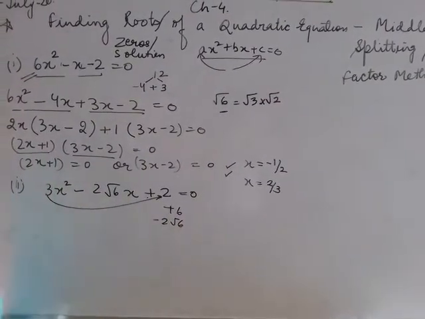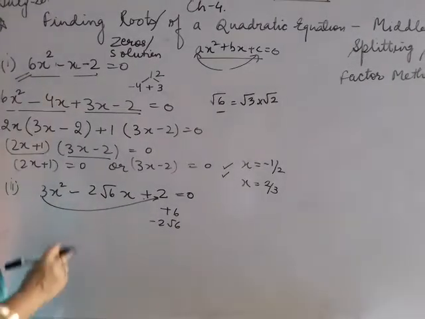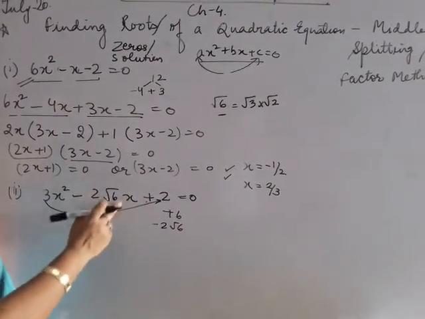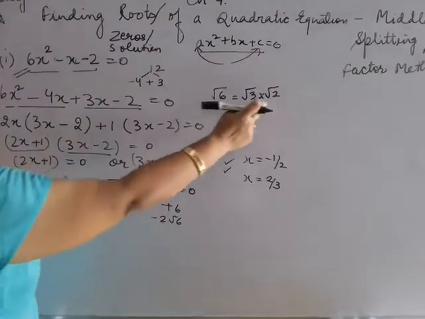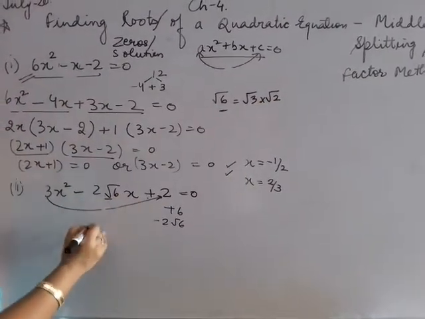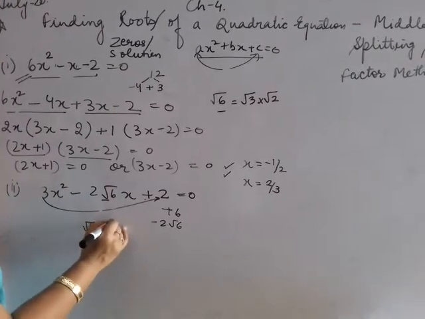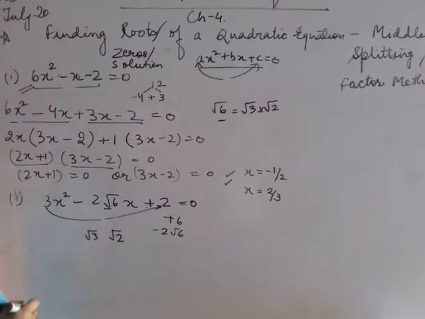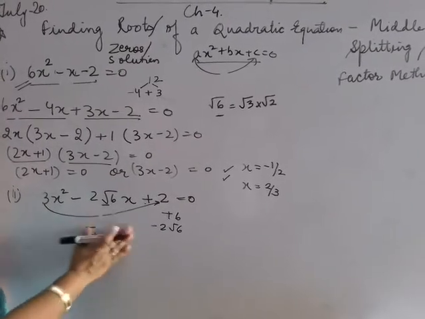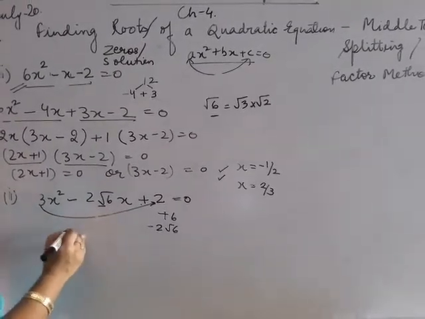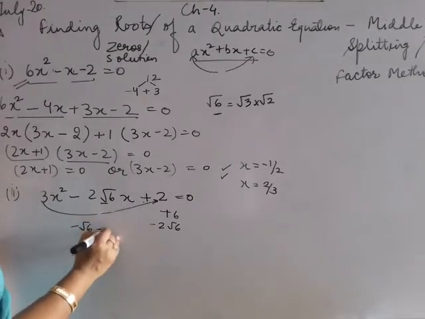This is only possible if we have something which we can convert in the form of root 6. Now subtraction is not possible, so we will write 2 root 6 as minus root 6 minus root 6.